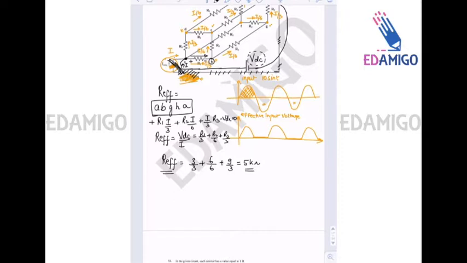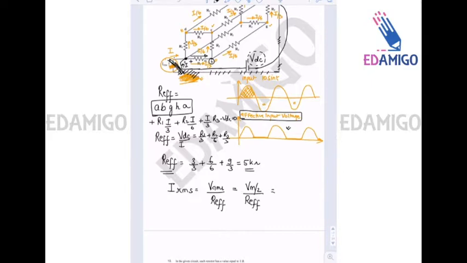Now IRMS that we have to find for the solution is VRMS upon R effective. Now VRMS will be calculated from the effective input voltage, and we always know that this is actually a half wave rectified sinusoidal wave, which has RMS value equal to Vm by 2, divided by R effective.